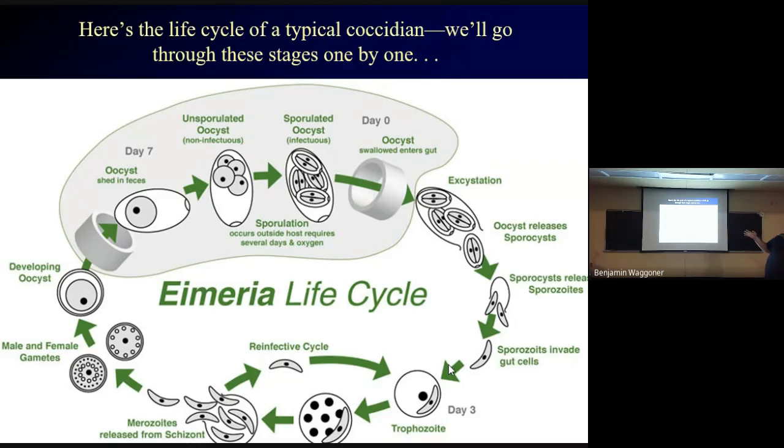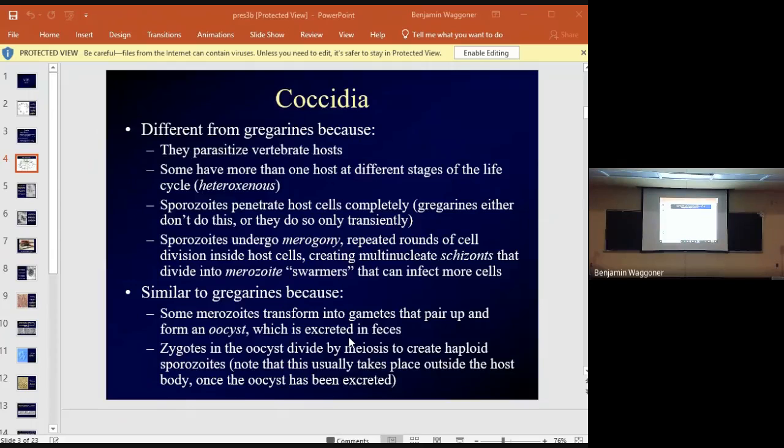So once they're out of the host body, the zygote inside an oocyst will divide, first into 4 haploid cells, and then they'll divide again and form zygospores within the oocyst. And then that's the stage that gets swallowed by a new host. So similarities but differences with the gregarines that you've seen.